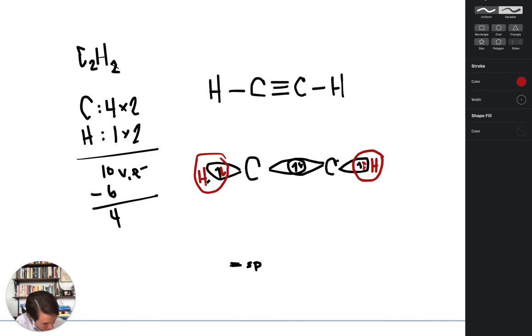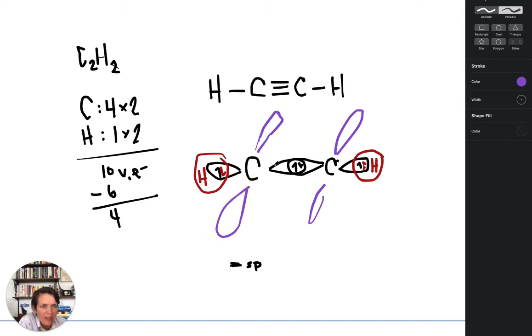And now we have 2 unhybridized p orbitals. Let's make them purple. We're going to draw one of them in purple. So these are associating with each other. Make the other one in orange.